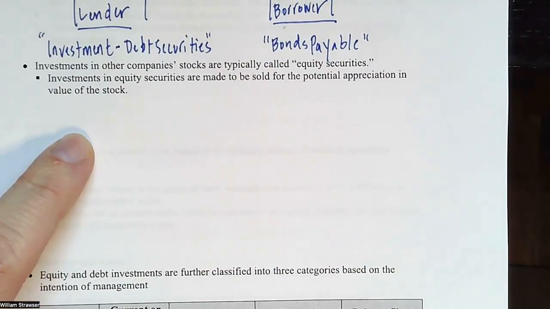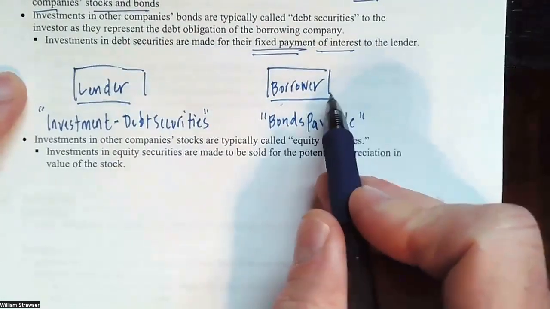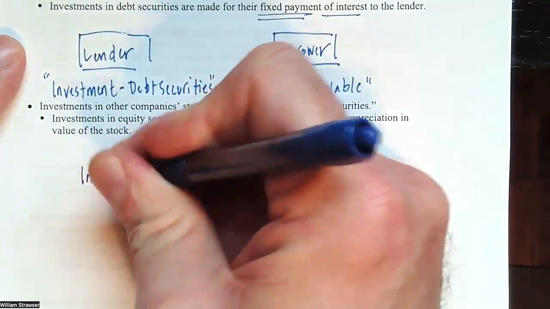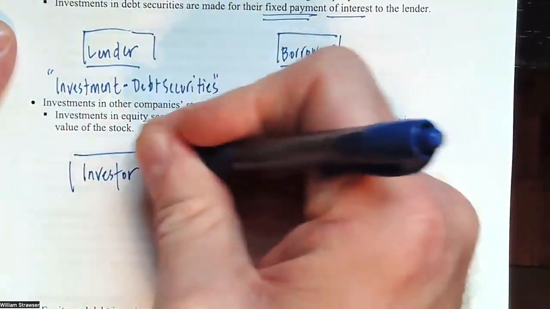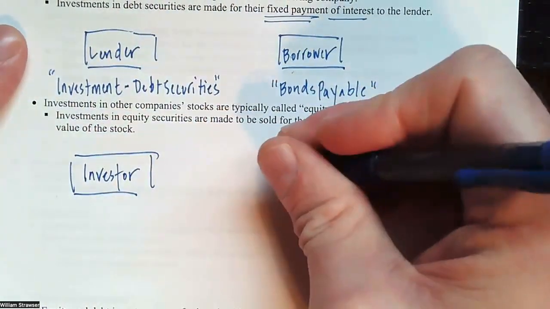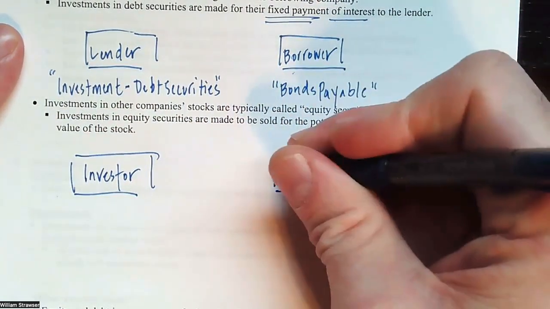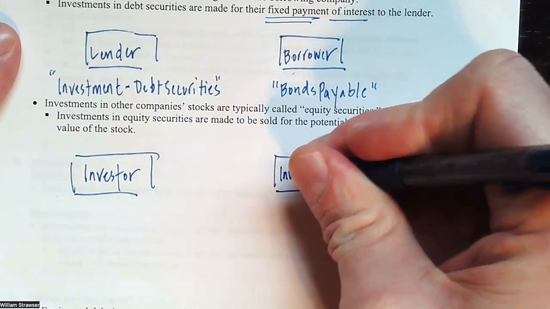When they're equity securities, right, we're buying the common stock of another company. So instead of a lender-borrower arrangement, we have an investor who isn't just a person, it can be a company, right? Companies will invest in each other's common stock. And really, I have no better term than to say investee.